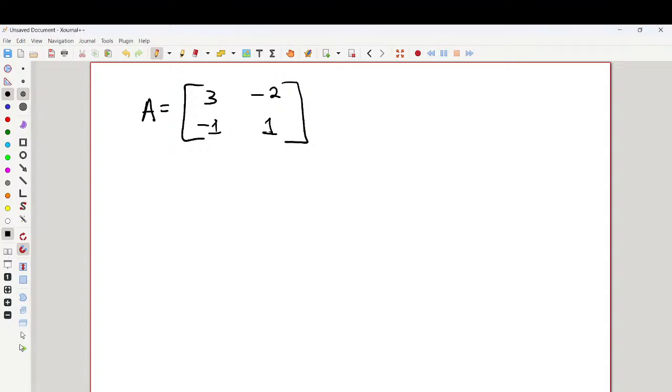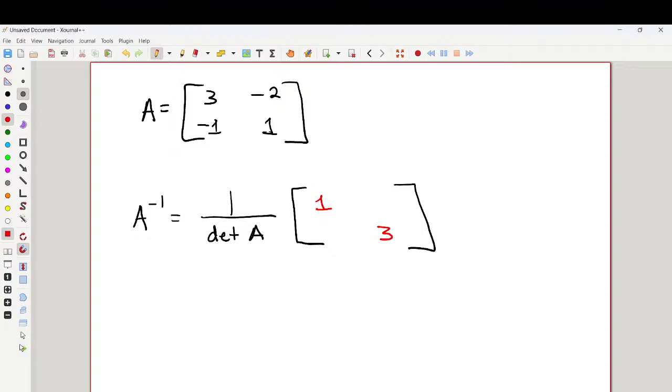Let's find the inverse of this. I'm going to call this the determinant of A for right now. Switch your main diagonal, 1 and 3, and then negate those positions. So switch positions, negate positions.